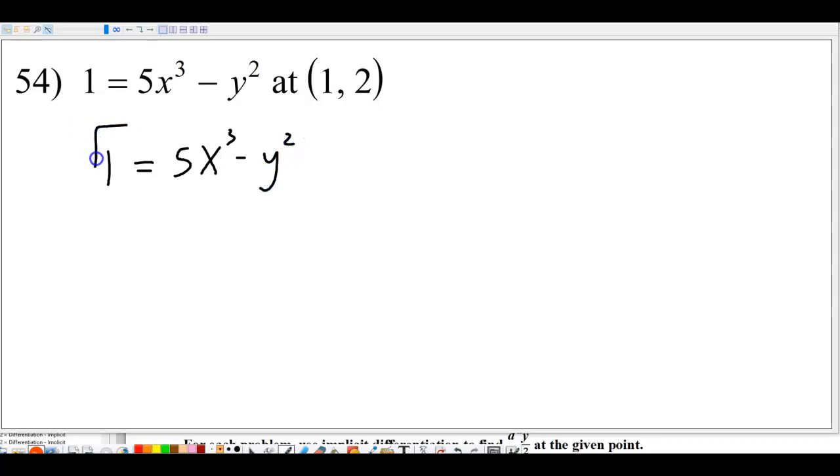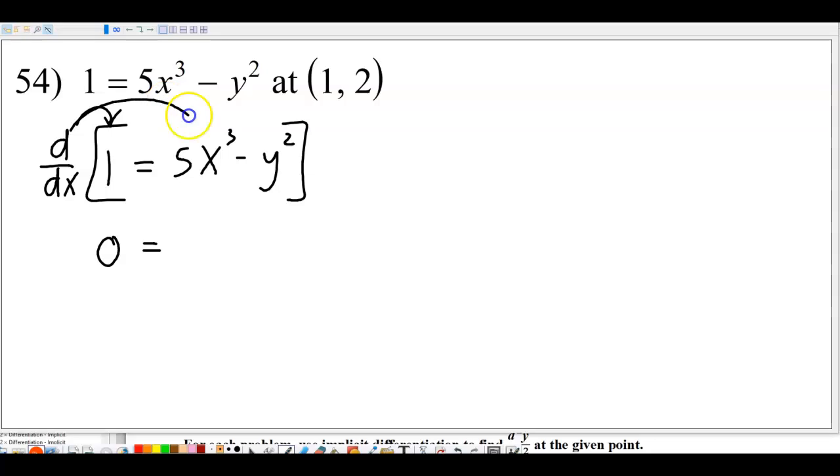So we're going to start off like this. The derivative of 1 is 0. The derivative of 5x cubed is 15x squared. And the derivative of y squared is going to be 2y times y prime because that one is a y. Next, we want to get the y prime by itself.